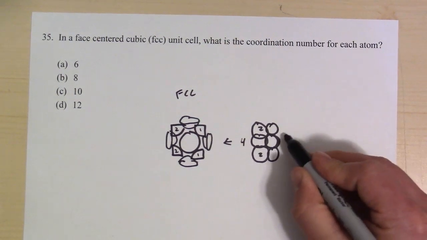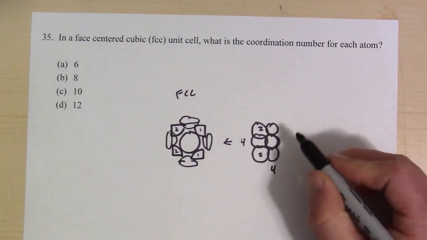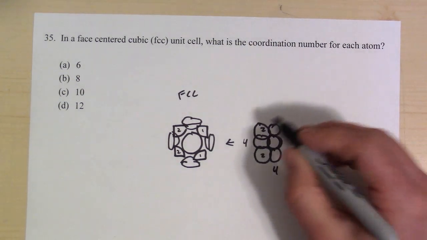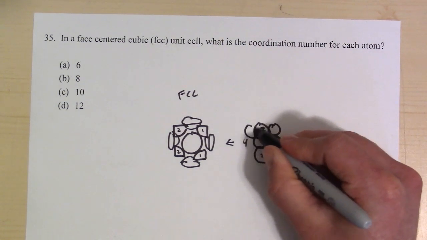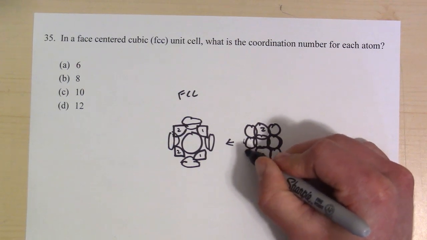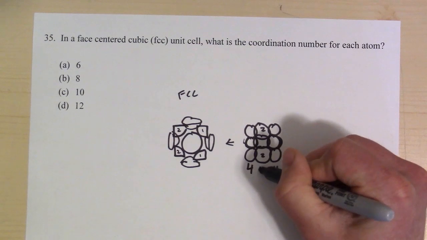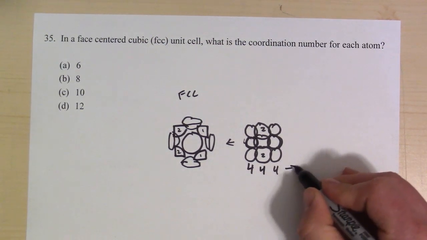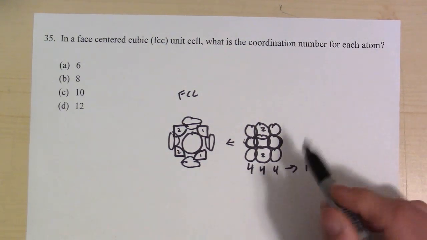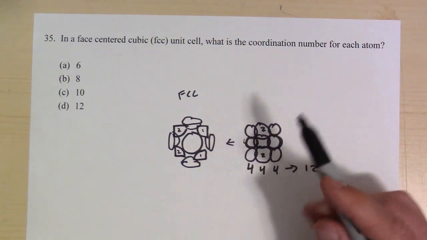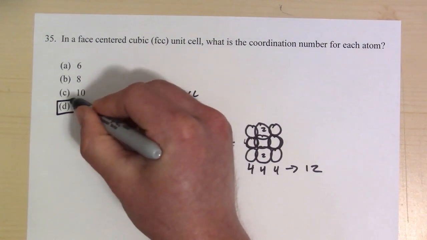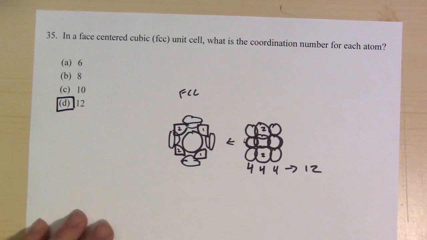That is going to be another set of 4, and we'll have that on each side. So above, to the right, behind, and to the left. So there's 4, 4, and 4. That is going to give us 12. So the coordination number for each of these atoms is going to be D. That is 12.